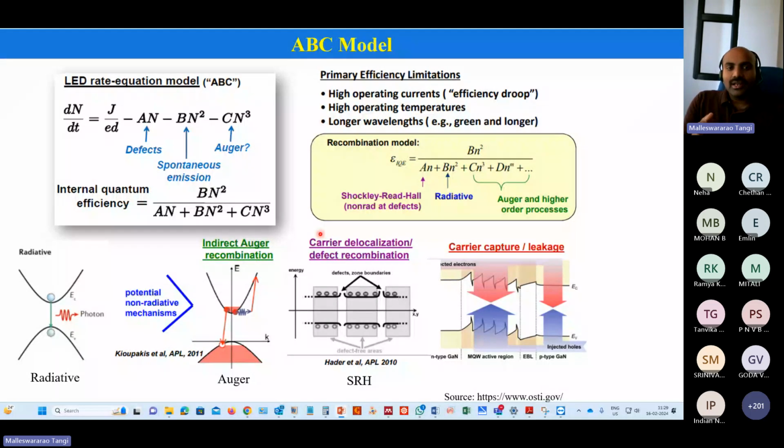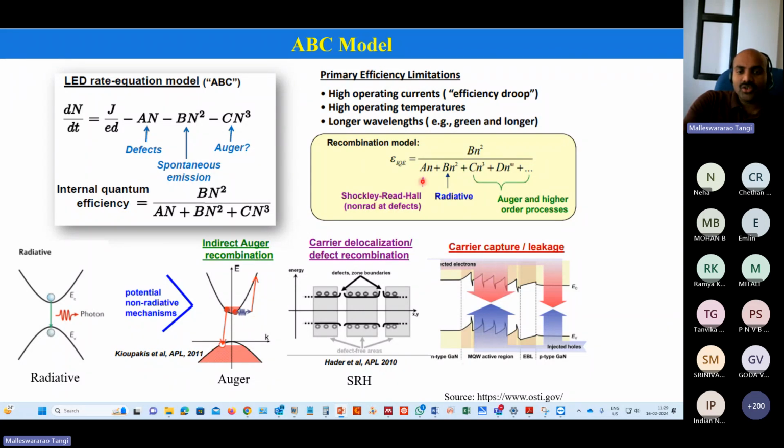And this efficiency can be expressed by the ABC model. As you can see, the LED rate equation describes how the carriers you inject into the device will be consumed in the device. This is represented by the ABC model.